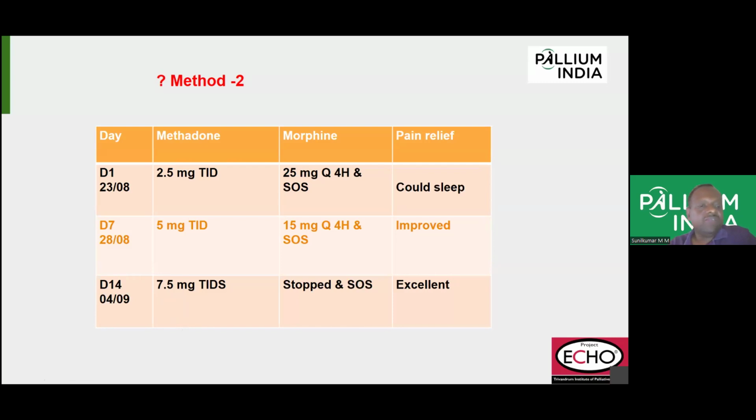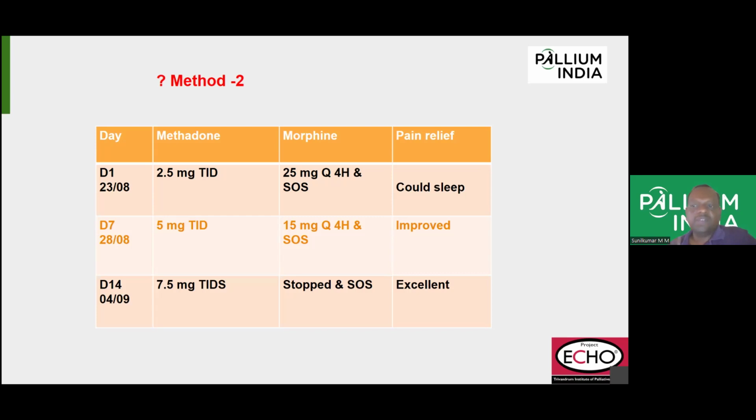Actually, by day 14, this patient came to our OPD by walking. As I told you, she was completely confined to a bed and unable to move, but by day 14 she could walk to our OPD.